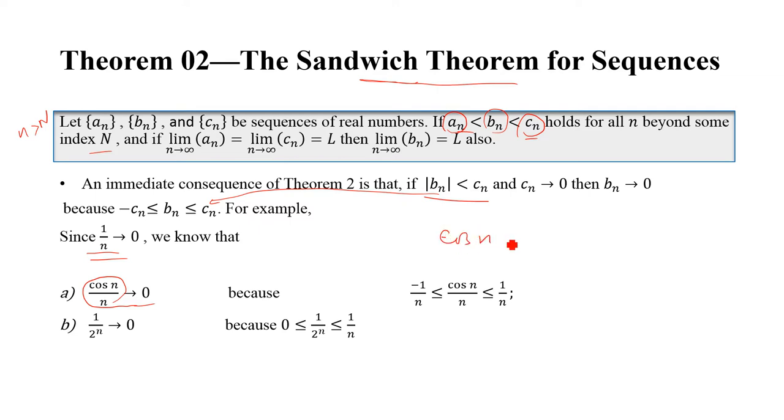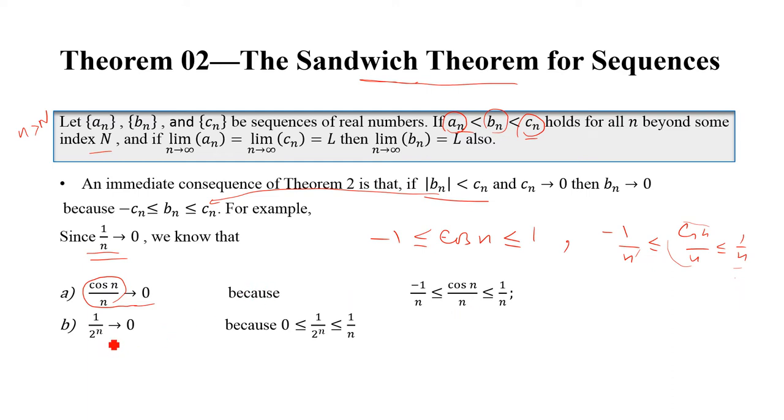Let me explain this. Cos n lies between 1 and minus 1, you know it very well, right? Now dividing the inequality by n, because n is a positive number, the inequality remains the same: minus 1 over n is less than or equal to cos n over n, less than or equal to 1 over n. And minus 1 over n and 1 over n both approach 0. So by the sandwich theorem, the limit of cos n over n is also 0.